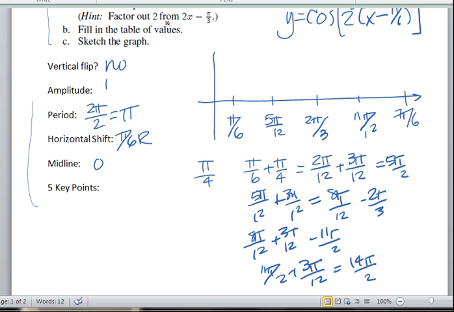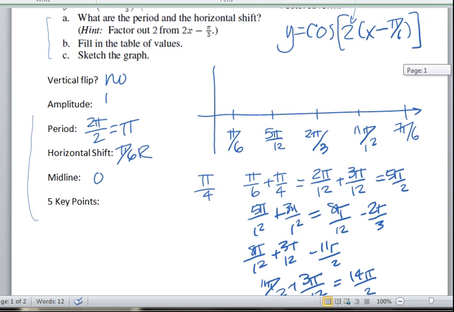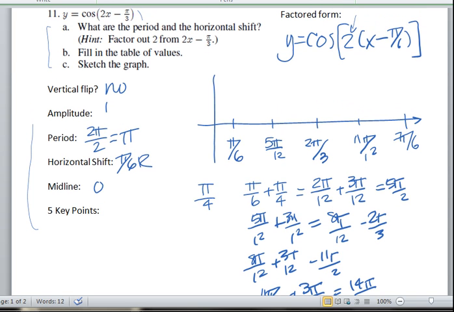Remember that it is a cosine, right? That is not vertically flipped, so I start at 1, which goes all the way to -1. So I go 1, 0, -1, 0, and 1. And that's the shape of my graph. Now I'm ready to list out my 5 key points.